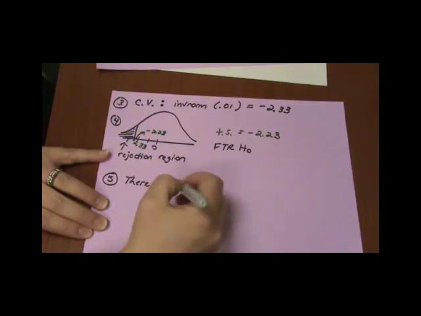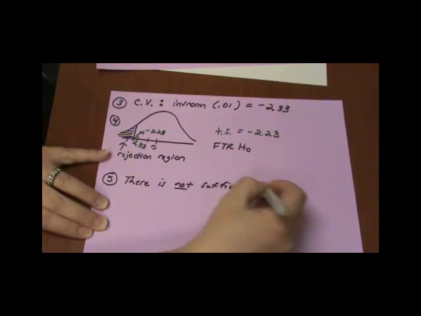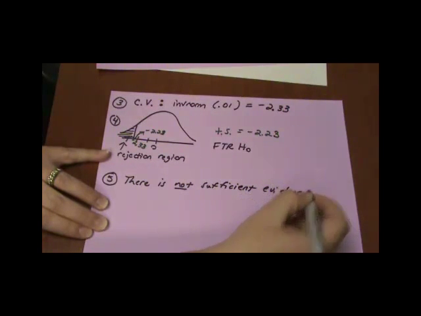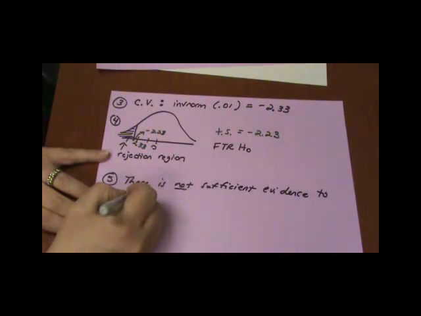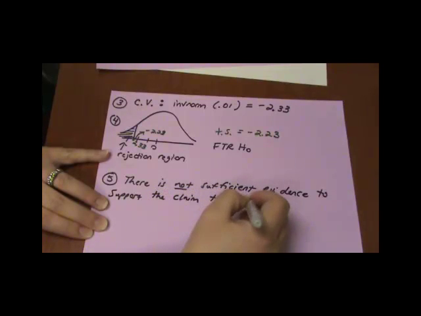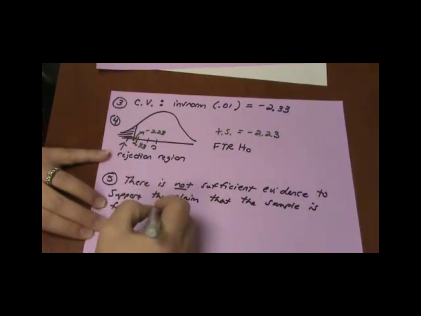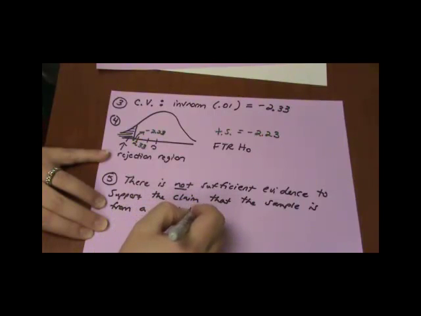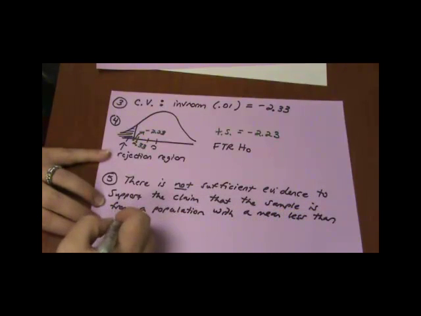I'm going to say there is not sufficient evidence, or you can say enough evidence, to support the claim that the sample is from a population with a mean less than 5.4.